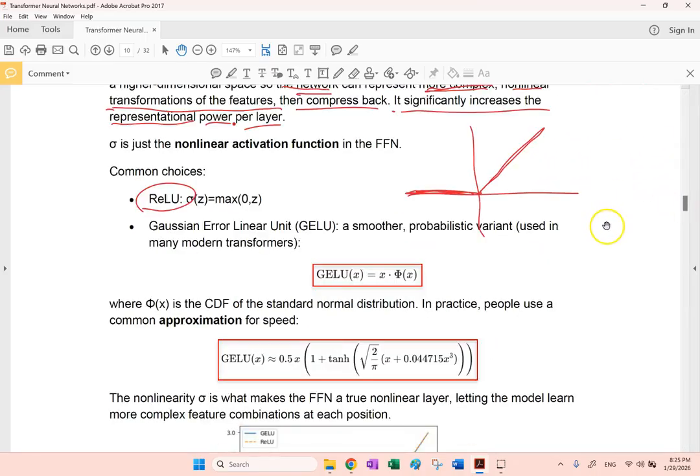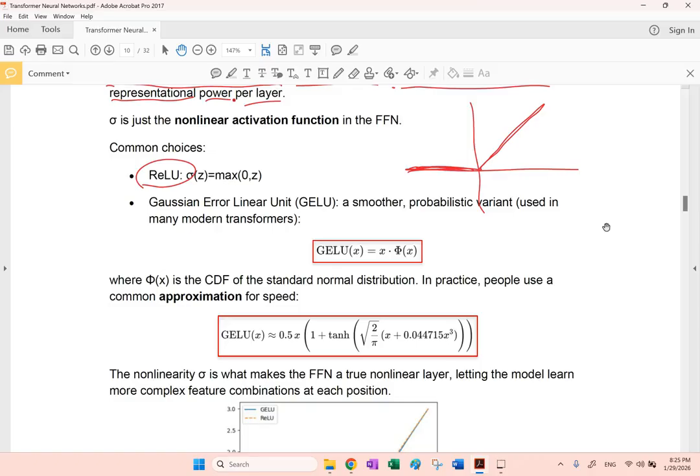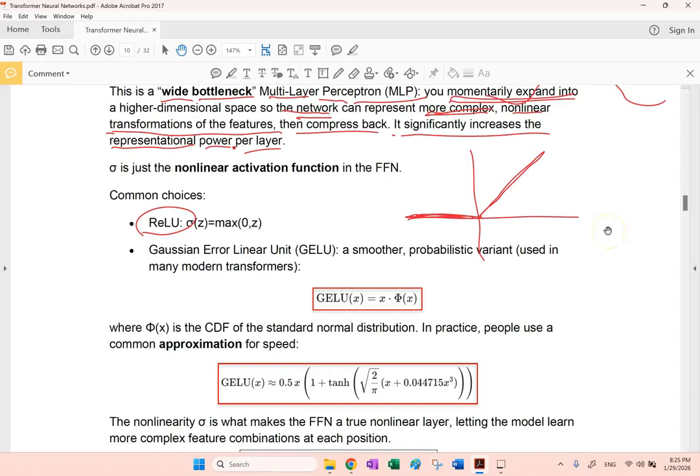Okay, there is another one that I have not talked about in those videos, and this is an interesting one. This is called the GELU function, Gaussian error linear unit. What kind of function is this? Here, for input x, the output is going to be x times phi of x. What is phi? Phi is the cumulative distribution function of a standard normal distribution.